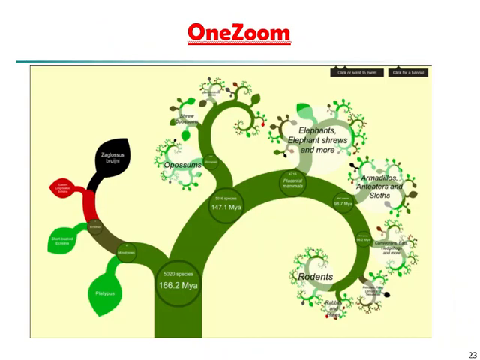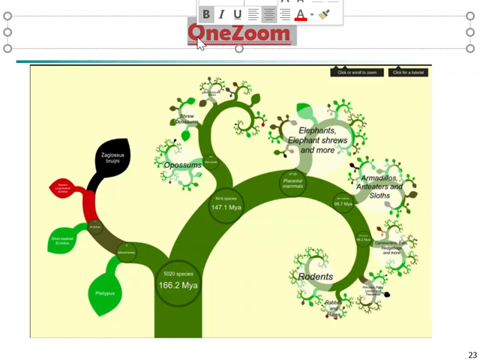The last hierarchical visualization that I want to show you is OneZoom. This is a great education tool. If you have children or younger siblings, it will be great to have them look at this.